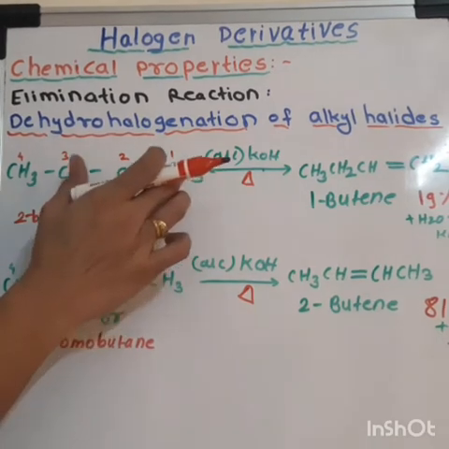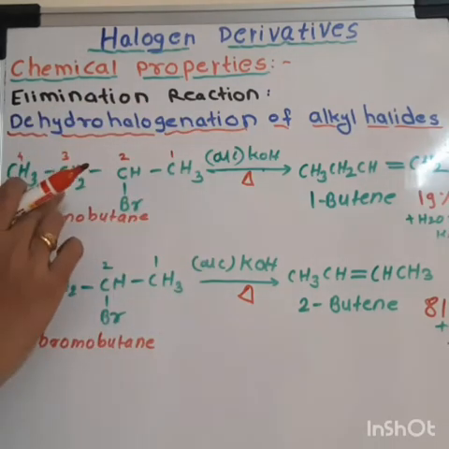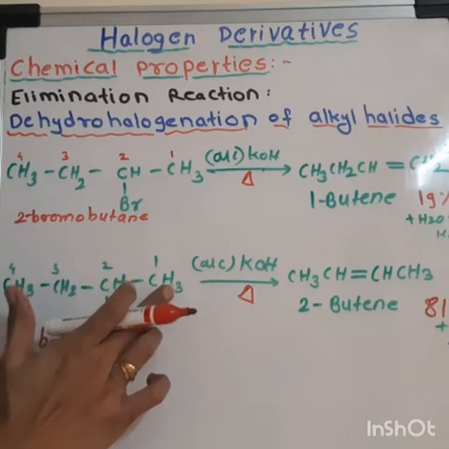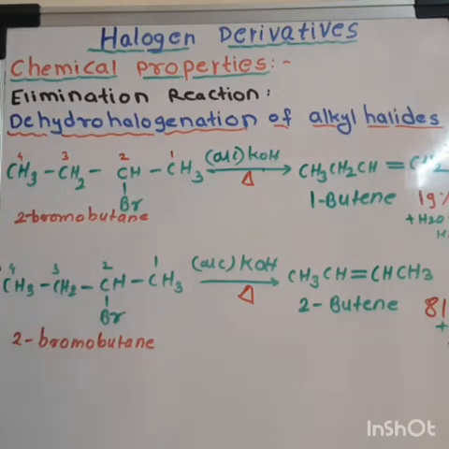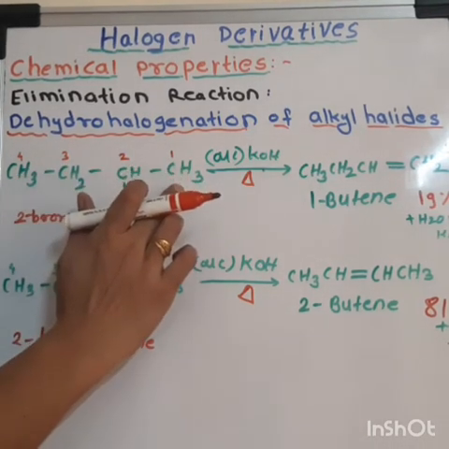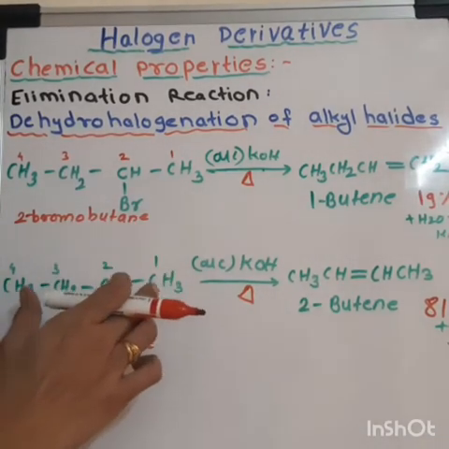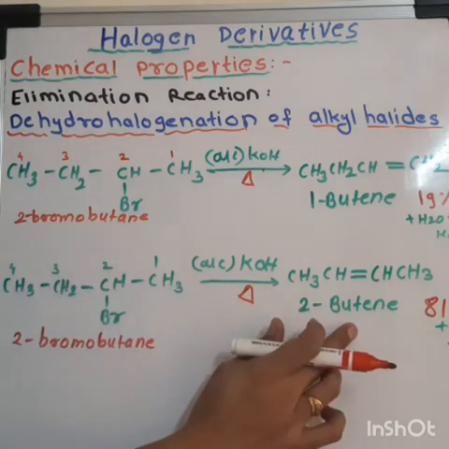It can lose a hydrogen atom either from carbon number 1 or from carbon number 3. If it loses hydrogen from carbon number 1, it will give the product 1-butene, and if it loses hydrogen from carbon number 3, it will give 2-butene.